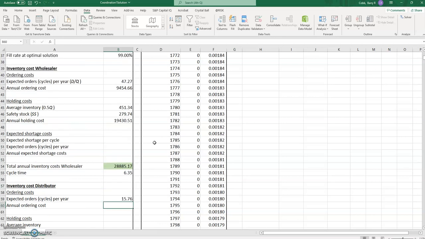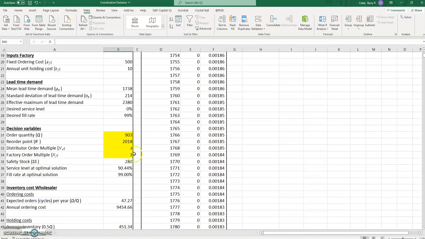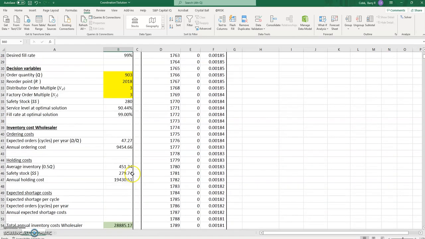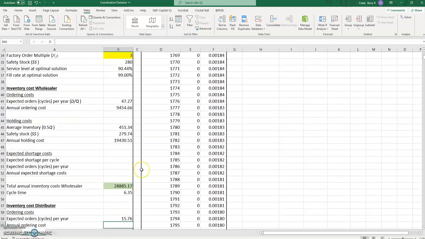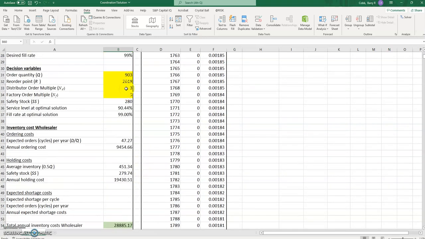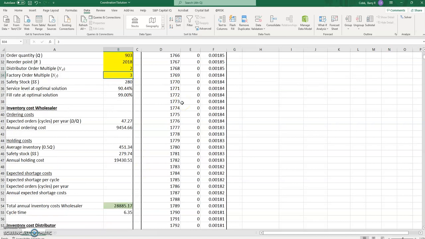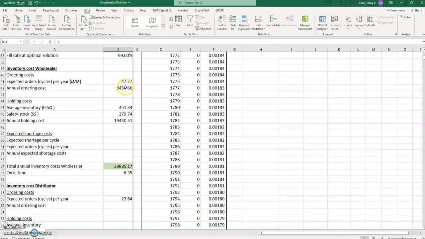If you look here at the expected orders per year for the wholesaler, it's 47, but the orders per year for the distributor is effectively 1/3 of that because the order multiple is 3. If we change the order multiple to 2 temporarily, we see that now the orders per year for the wholesaler is 47.